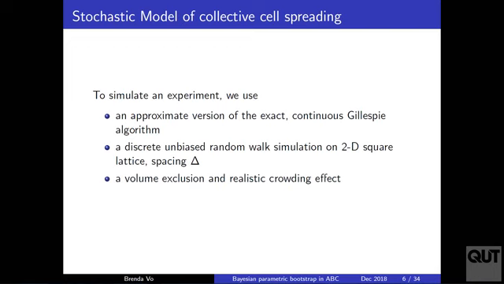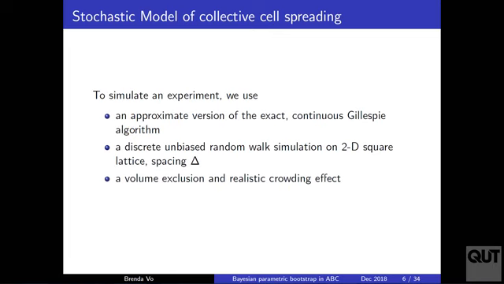So in the experiment, they only do a monolayer of cells. So therefore here we're only talking about two-dimensional models, so we don't do 3D models. So we use a discrete unbiased random walk. So basically at each time step, we let the cells move, and they are allowed to move either north, east, south, or west.